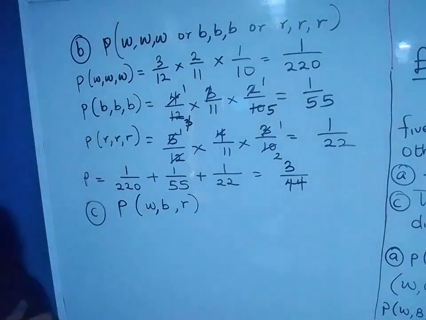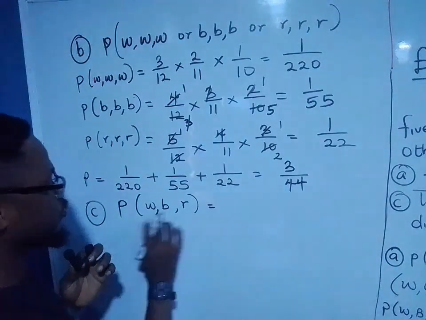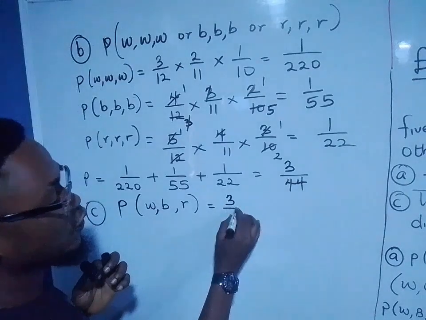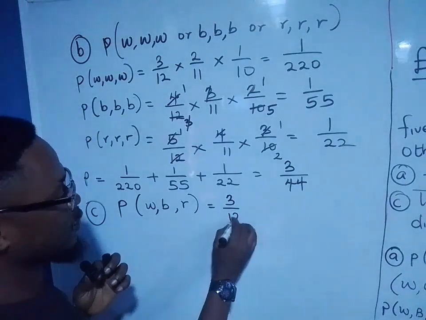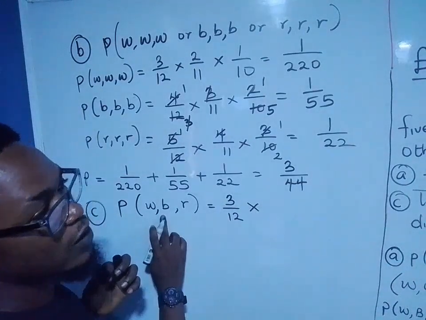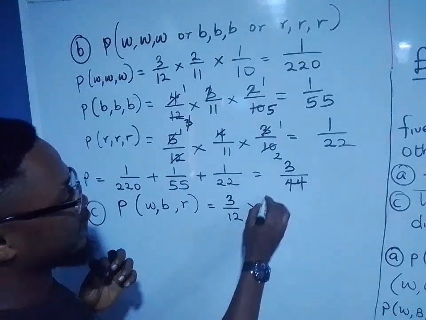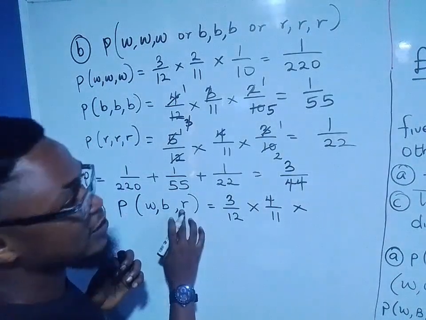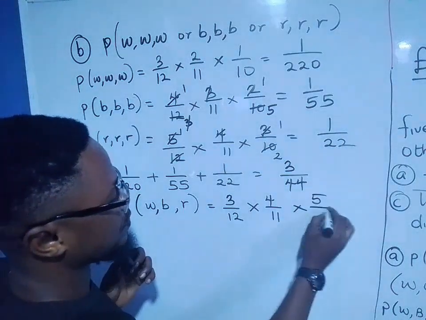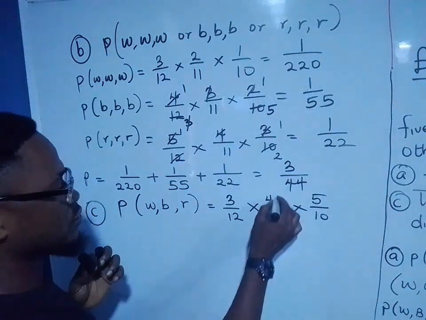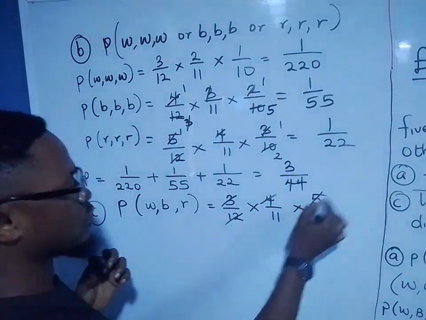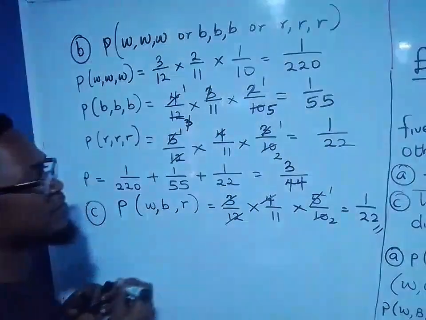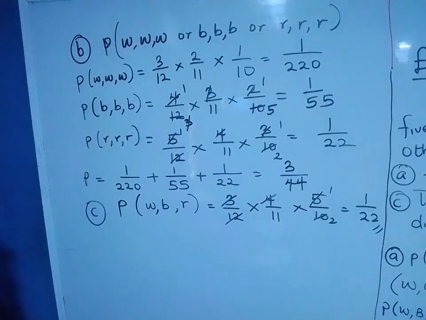So we are going to do white is 3/12 times blue is 4/11. Good. Times red is 5/10. Beautiful. So this and this is 12. 1/22. So 1/22 is the probability that you are going to have different colors.